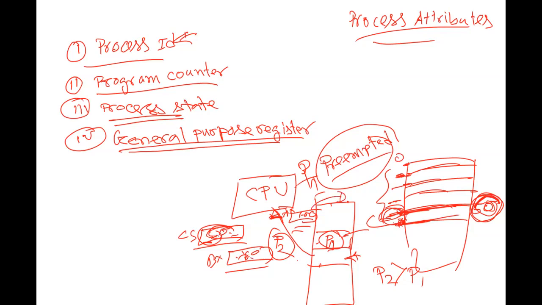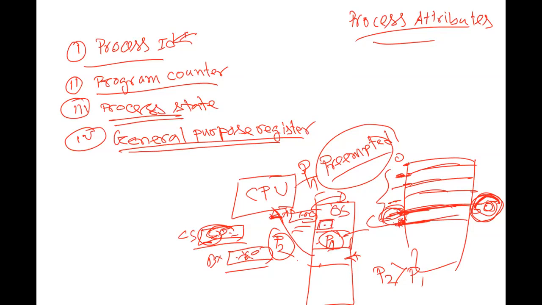This is the general purpose register, the register attributes for a process. You should store these values somewhere. So where are they stored? They are stored in RAM, somewhere in OS space.